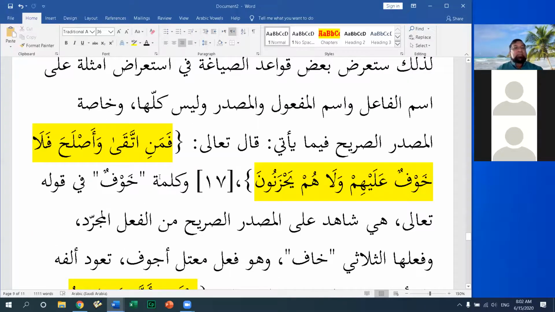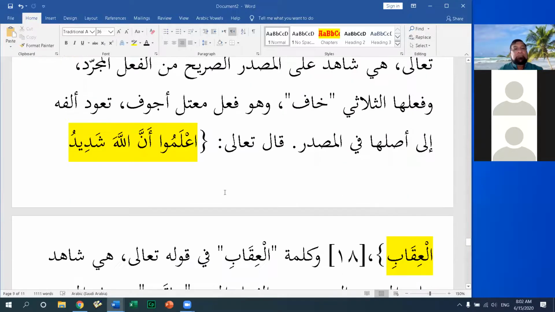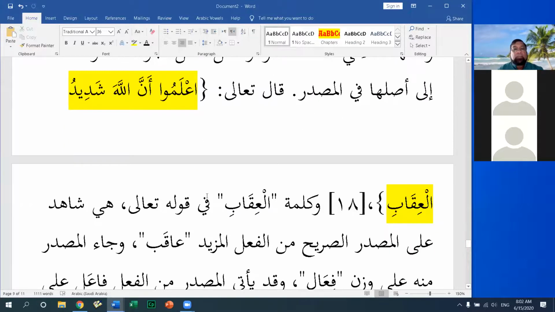فمن اتقى وأصلح فلا خوف عليهم ولا هم يحزنون. This is a masdar on the pattern of فعل from خاف يخاف. خوفا is the masdar. يعلم أن الله شديد العقاب. عقاب is المصدر from عاقب يعاقب عقابا على وزن فعال.